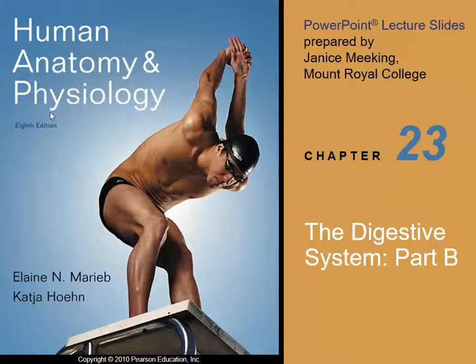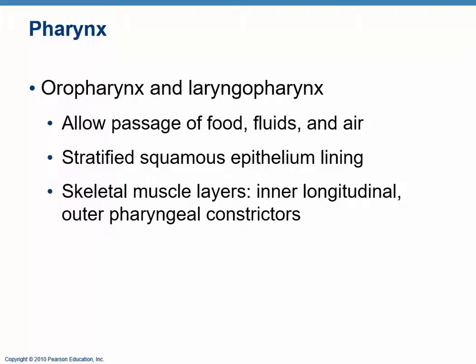So we'll continue with, after the mouth comes the pharynx. For the digestive system, the only parts of the pharynx are the oropharynx and the laryngopharynx. The nasopharynx is particularly concerned with the respiratory system, but the pharynx serves dual purposes.